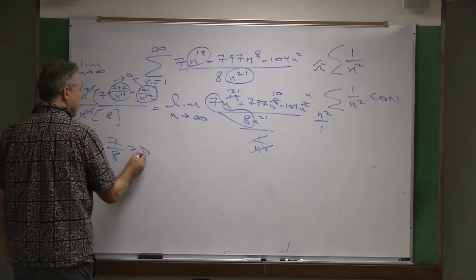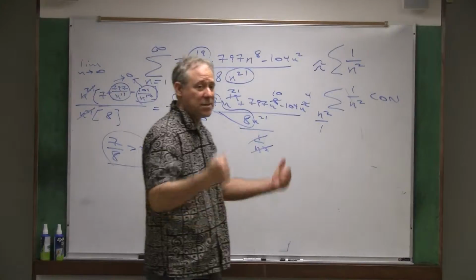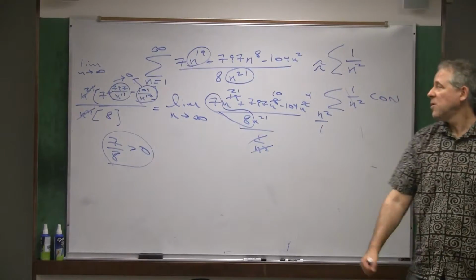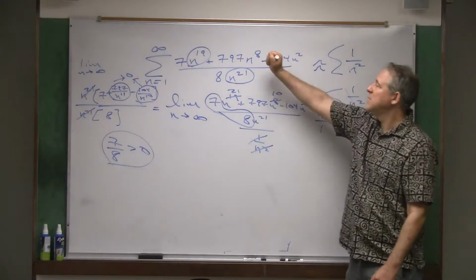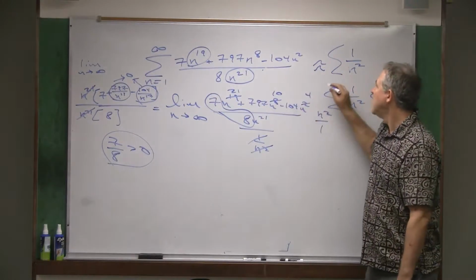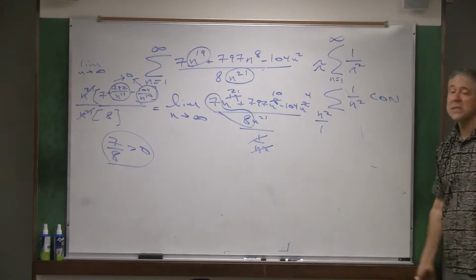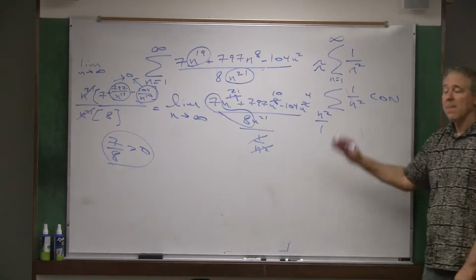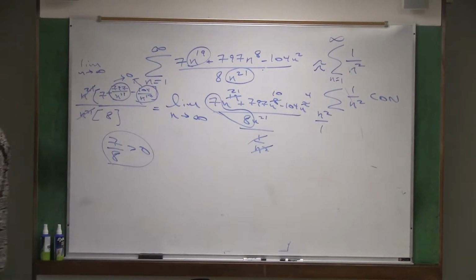7 over 8 is a positive constant. You're in case 1 of the limit comparison test, the full information. So whatever this series does, this series will do. And since this series converges, this is your p-test, integral test series, your 1 over n squared converges.